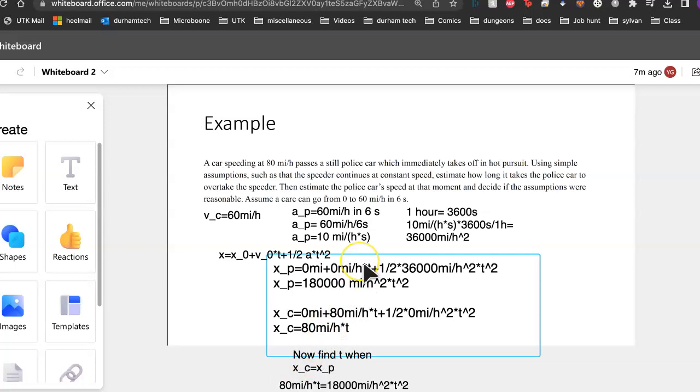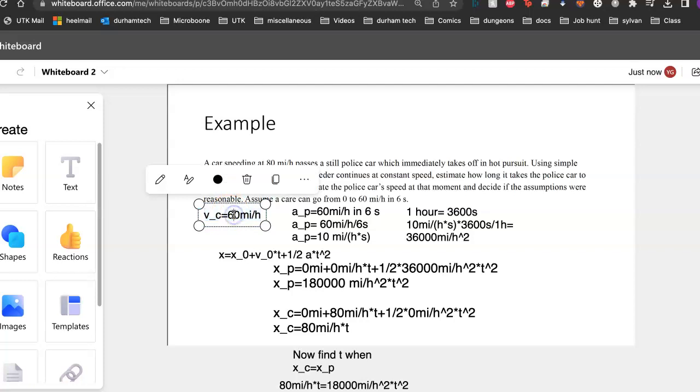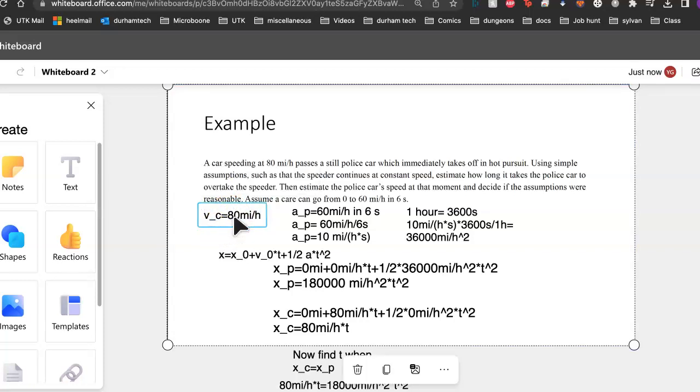Alright, so, as I've said, it's a bit deceptive, but we'll start by writing out what we know. So, v_c, that's the velocity of the car, is 80 miles per hour.